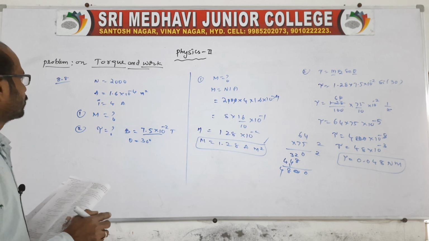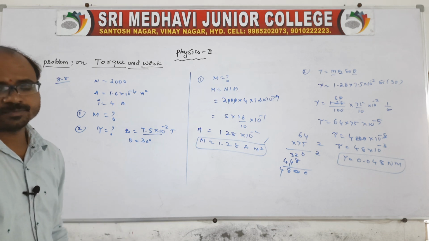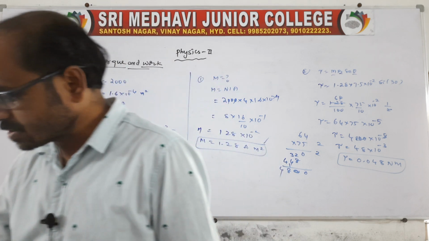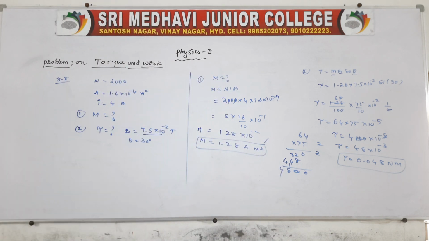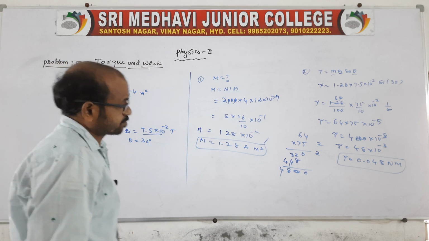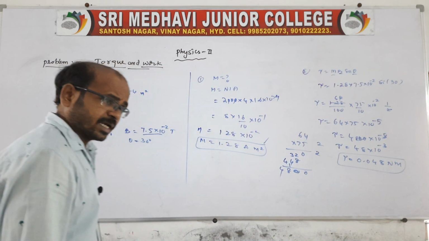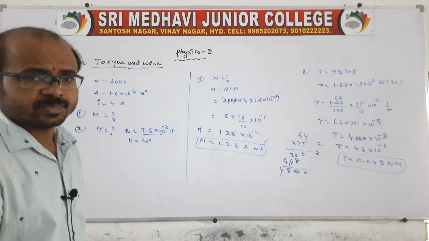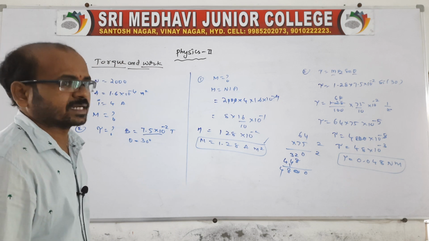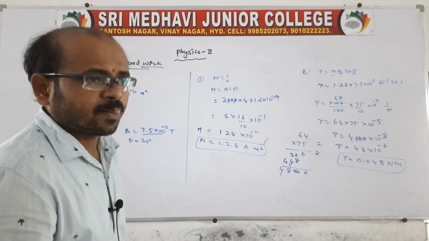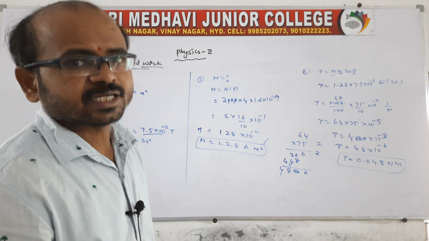Like this we have the problems related to torque, work done and potential energy. You go through all these questions and practice them. Ultimately these questions are again there in the next chapters also, because these three chapters are interlinked: moving charge and magnetism, magnetism and matter, and the next chapter, electromagnetic induction.